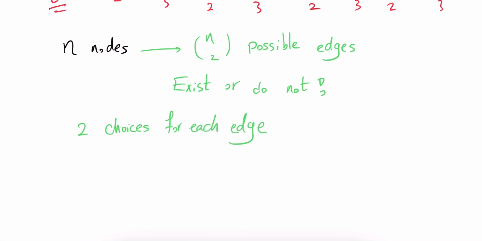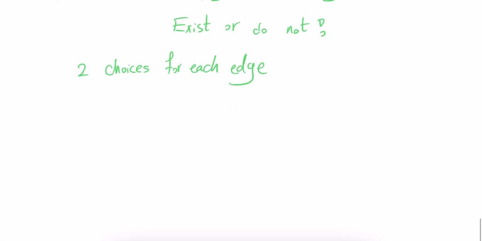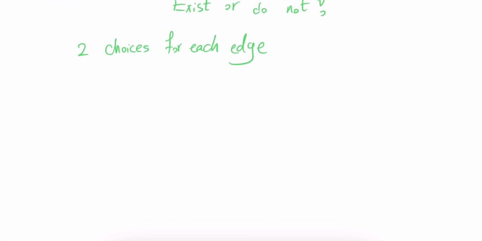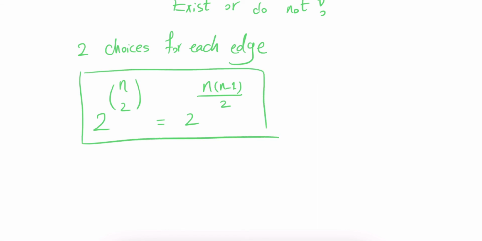And because we have n choose 2 edges, the number of possible graphs is actually 2 to the power of n choose 2, which equals 2 to the power of n times n minus 1 divided by 2. And you can also check that this formula actually matches the answers we got for the cases where we have 2 nodes and 3 nodes.